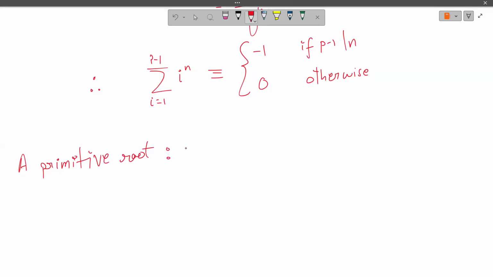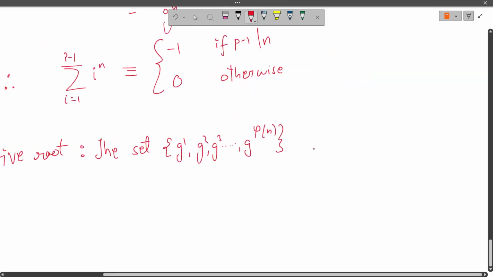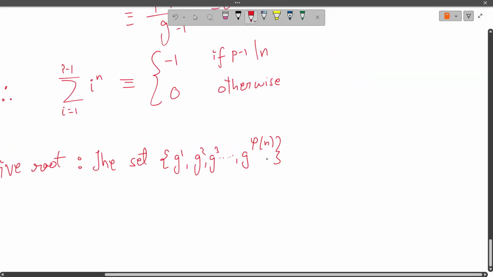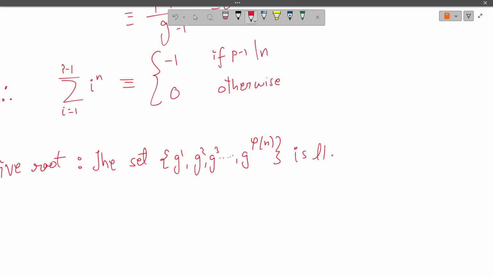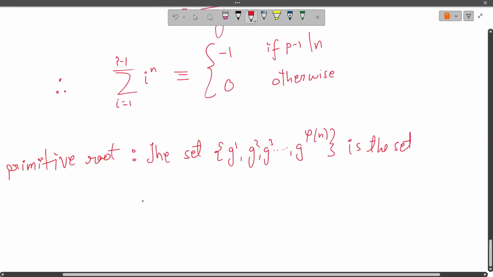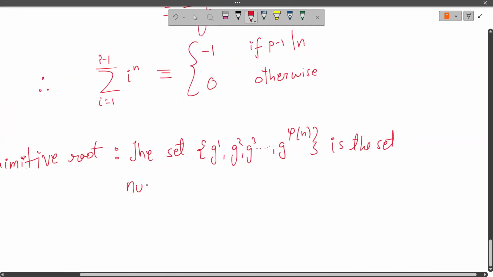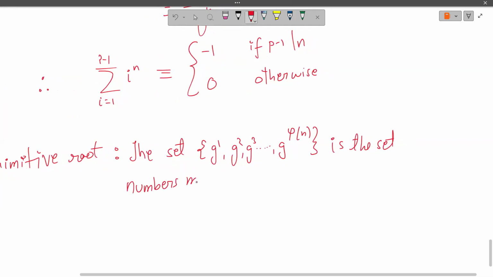Now, the set g raised to the power 1, g square, g cube, up to g raised to the power phi of n, is the set of numbers mod n coprime to n.